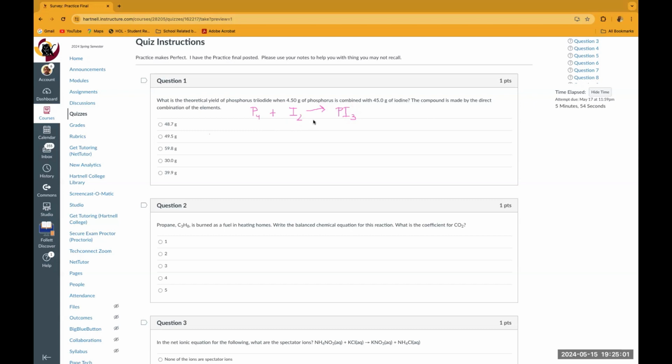Okay, so on our reactant side, how many iodines or iodine do we have? 2. Product side, 3. Phosphorus on the reactant side 4 and 1 on the product. So what do I need to do to balance it?